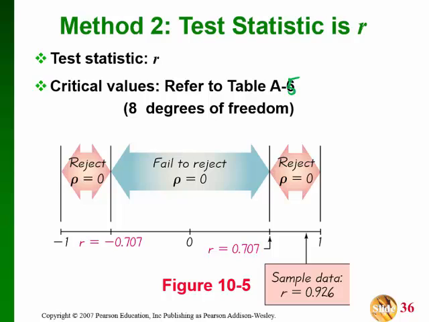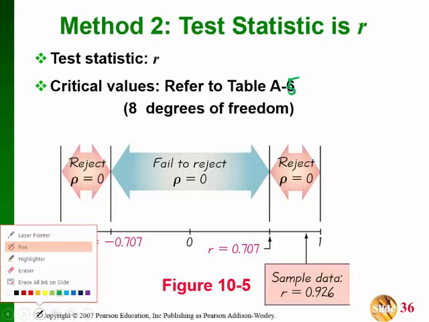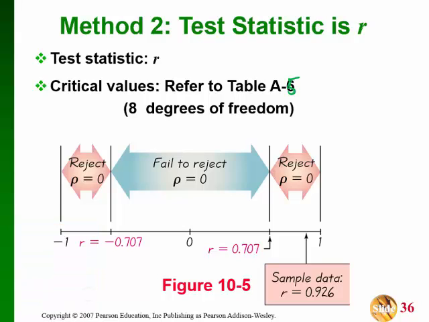And remember, if you fail to reject that, you're not really accepting it, but you're saying that it's pretty much 0. And when your rho is close to 0, then you have no correlation. Sometimes people have a hard time equating rejecting the null hypothesis with saying that there is correlation, but that's what happens. In these two cases where you reject the null hypothesis, there is significant correlation.